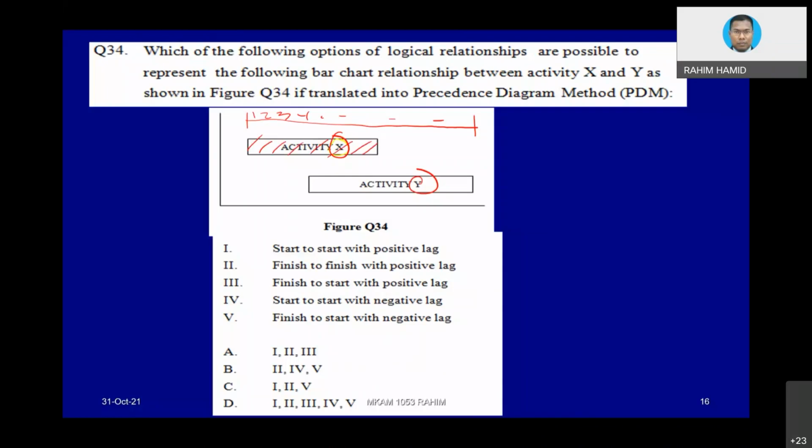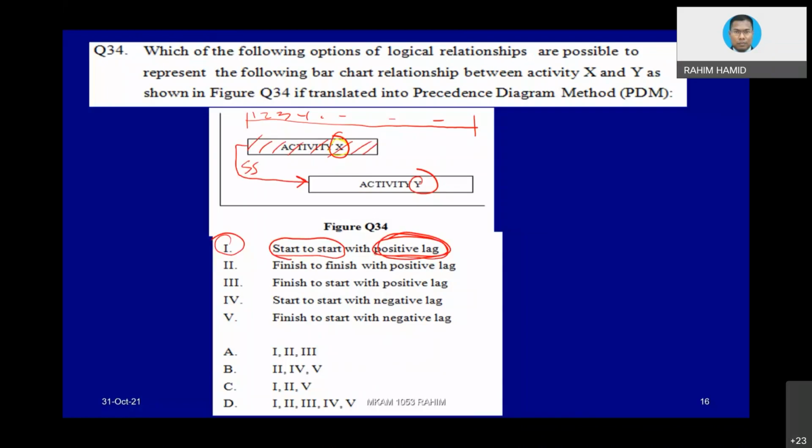Let's go into the first statement. Start with positive lag. Start to start, meaning if you connect the arrow here, this is start to start, isn't it? With positive lag. Is it possible?